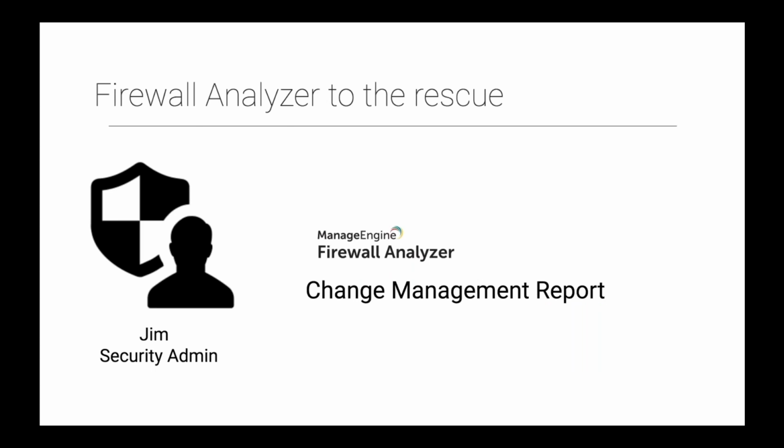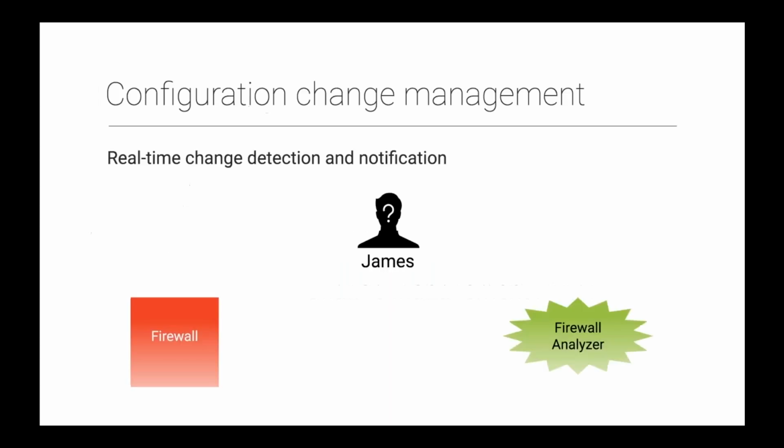Let us look at how Firewall Analyzer's change management report helps him solve this issue. As mentioned before, changes made to the firewall configuration had gone unnoticed, but with Firewall Analyzer, say if James makes a change to the firewall, this is recorded by Firewall Analyzer.